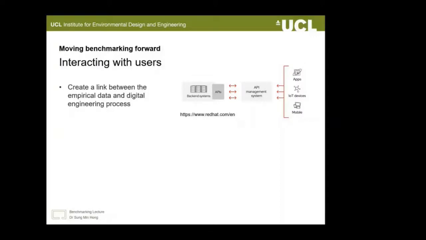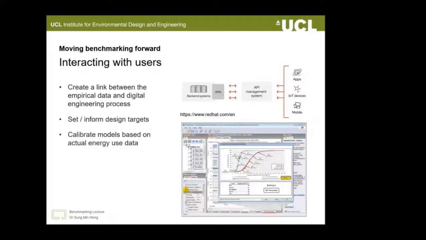We are also hoping to use the data to support the modeling process, by creating a link using an API between the benchmarking tool and modeling software such as Design Builder, for example.